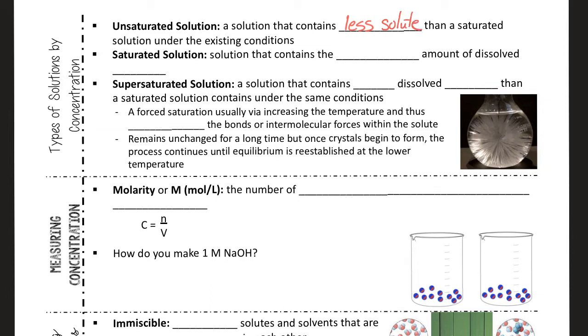A saturated solution contains the maximum amount of dissolved solute. So that's going to be the solid part.